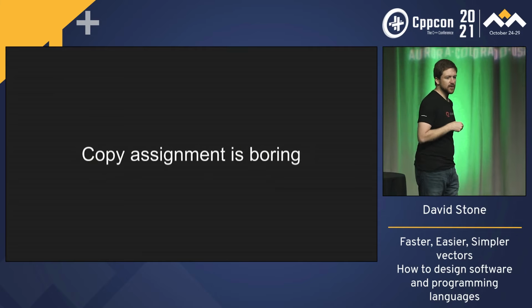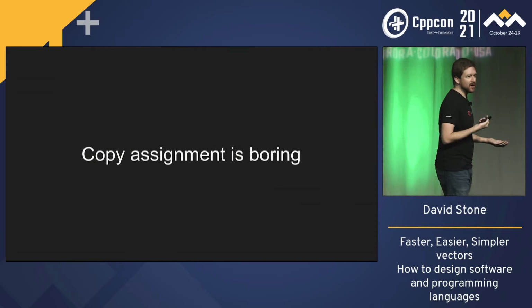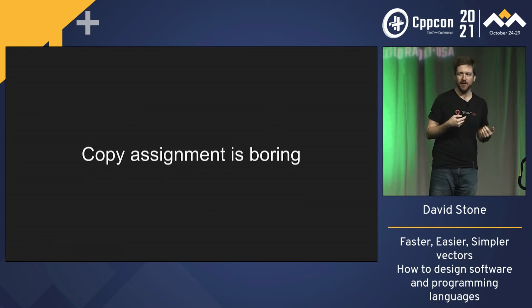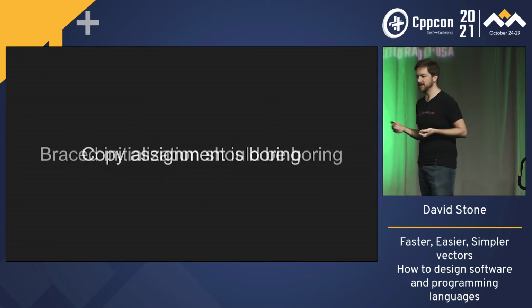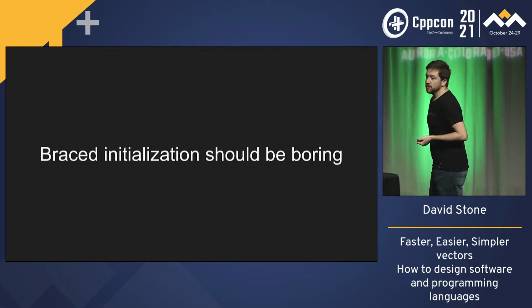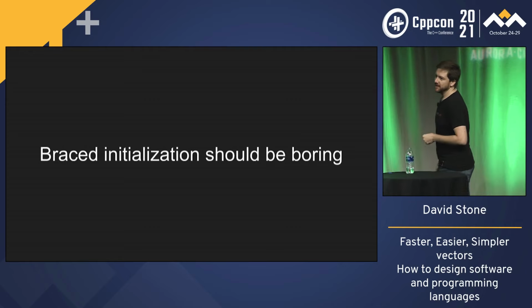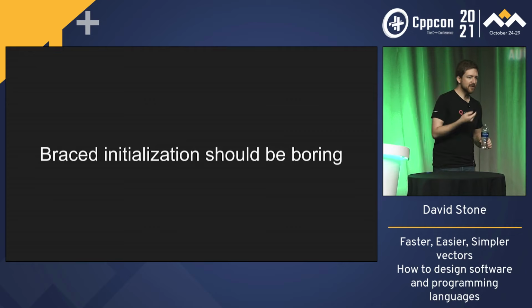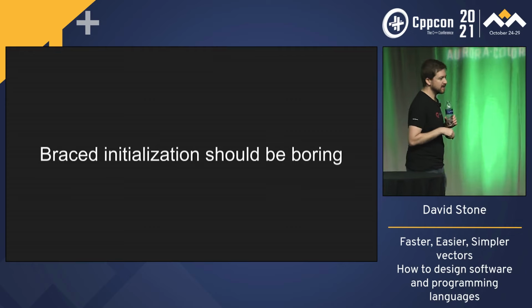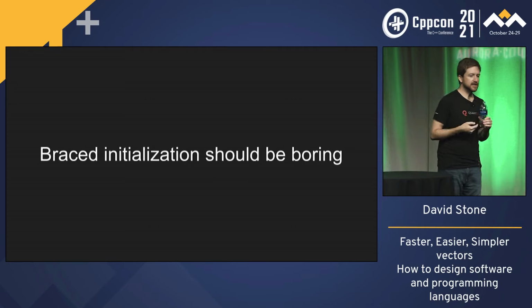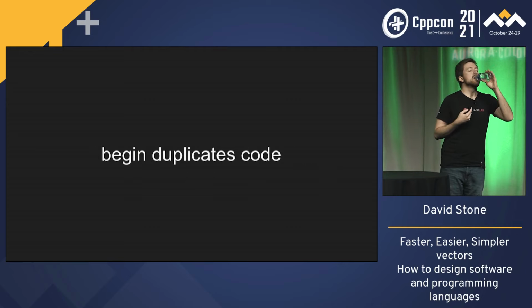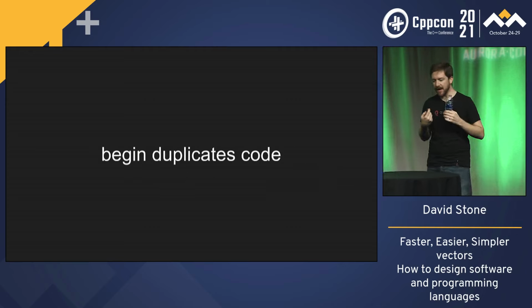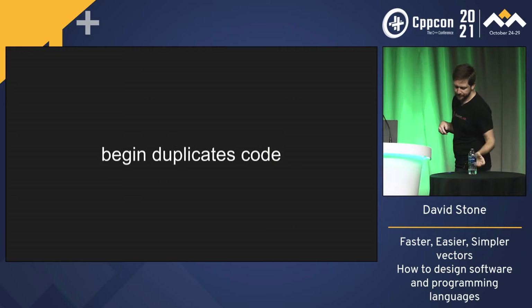Yes, some constructors are boring. Copy assignment, always boring. Copy assignment is the same thing for every algorithm, but the assignment operator must be implemented as a member. Braced initialization should be boring. Yeah, that's sad. But we talked about that a bit with C arrays and initializer lists. Begin duplicates code.